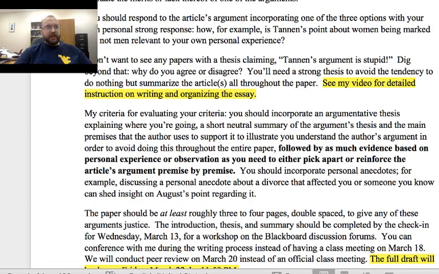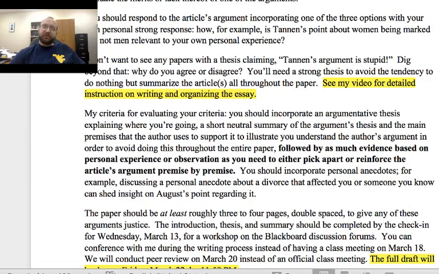You're going to provide a short summary of August or Tannen. So basically, the way to do that is to ask yourself, okay, what was August or Tannen's main point, main idea, right? It's pretty easy to do that just by looking at the title of their essay.